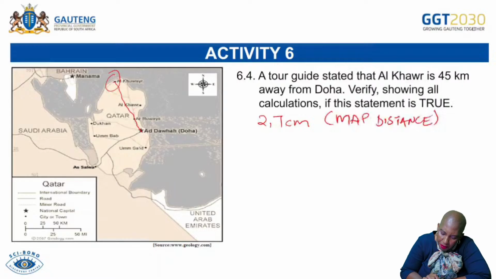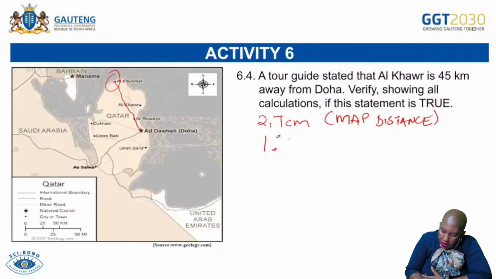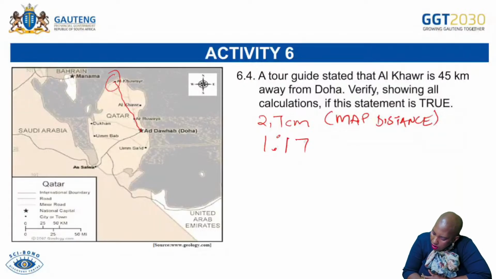Then if this is my map distance, and my scale, I said it is 1:1 million. I wrote it somewhere so that I don't forget it, because it will be difficult for me to see it. Okay, there I've got it. 1 million, 1,724,137.